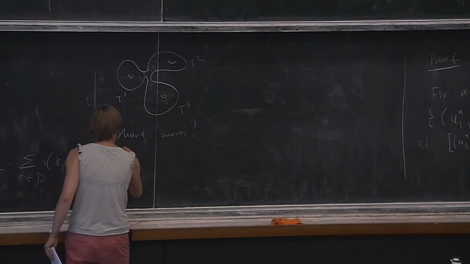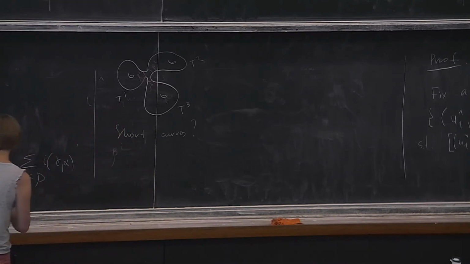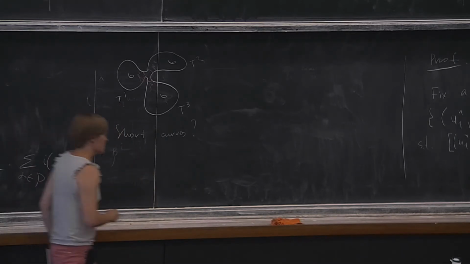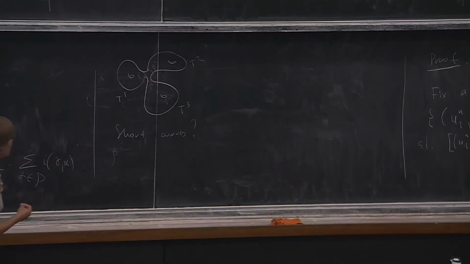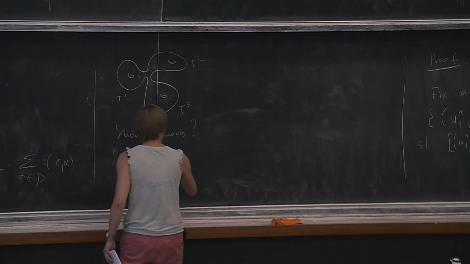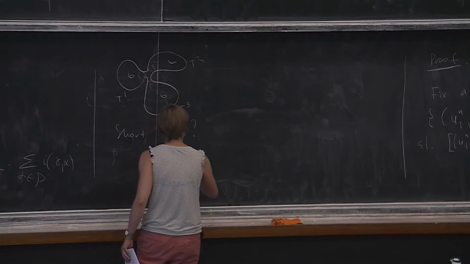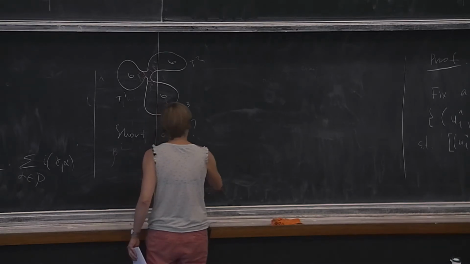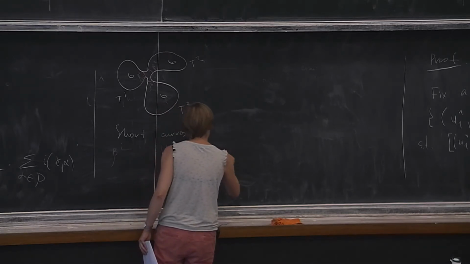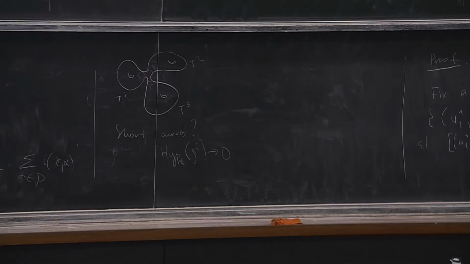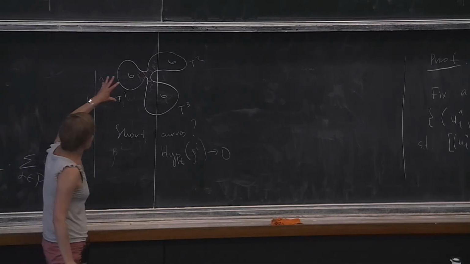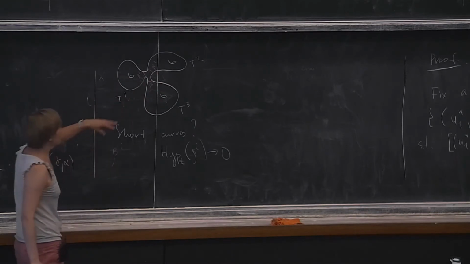Okay, so there are these curves beta i. So the length of beta i goes to 0 along the ray. Okay, so that means that we only look in the tori.